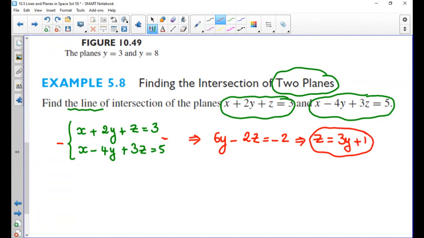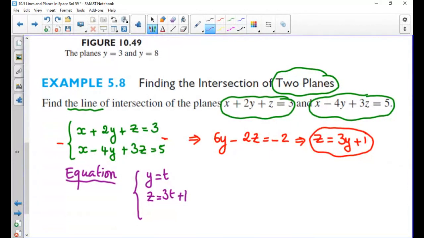So now I will write the equations. Remember, the equation of a line is a parametric equation. x equals something, y equals something, z equals something in terms of a parameter. So what we're going to do now is use the parameter y as t. If y is t, then z will be 3t plus 1.